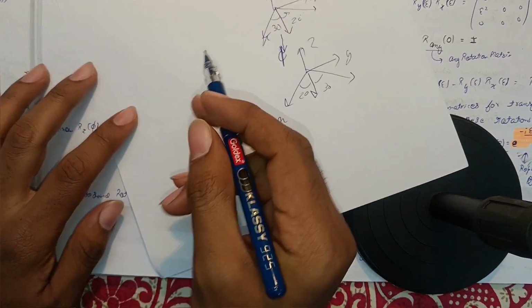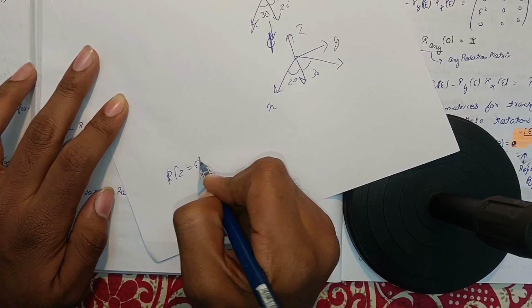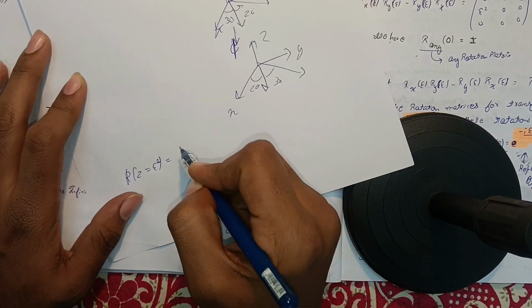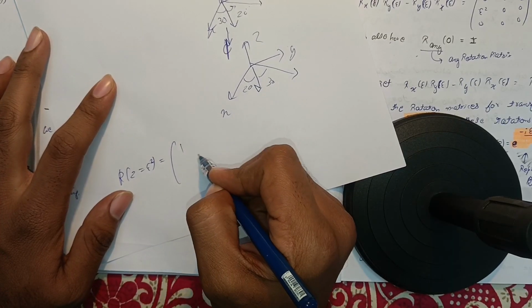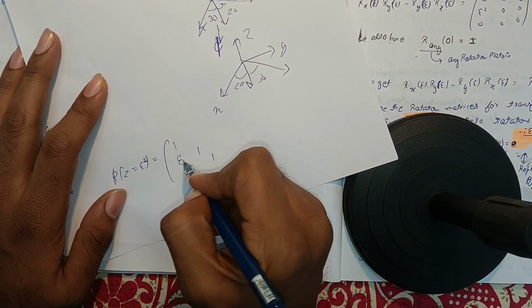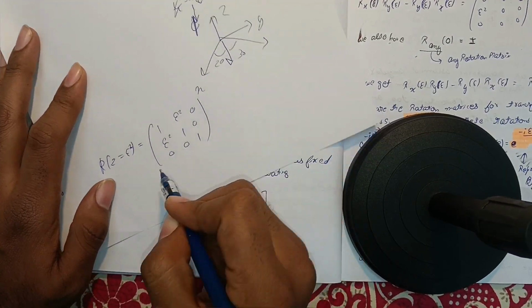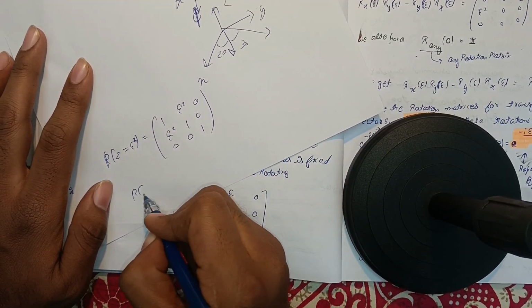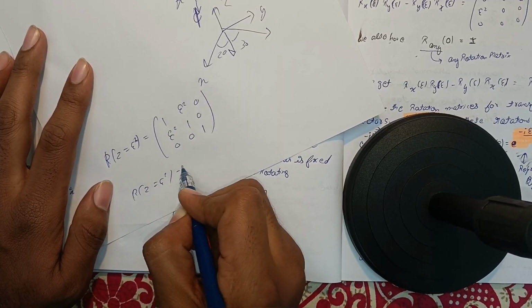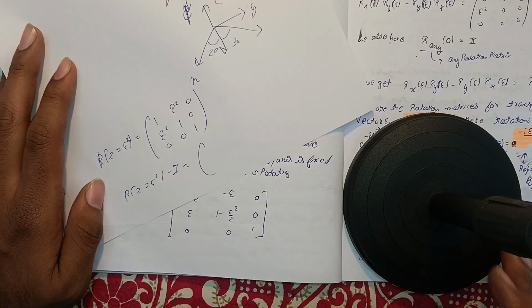So what I am saying is that our rz epsilon square is something 1 1 1, epsilon square 0 0 0. Now when you minus rz epsilon square with I, you will get what?